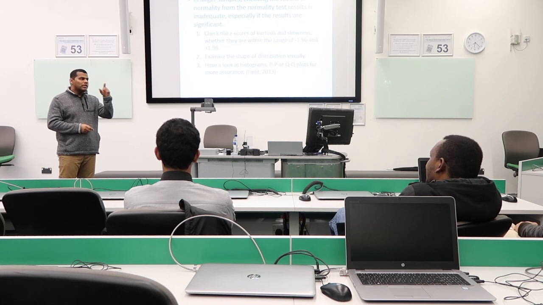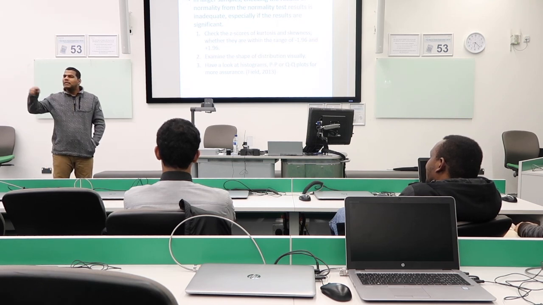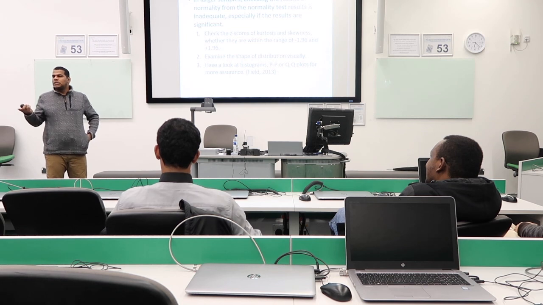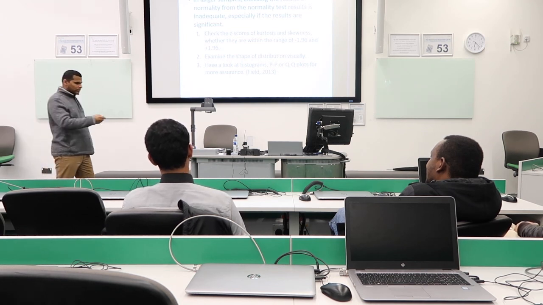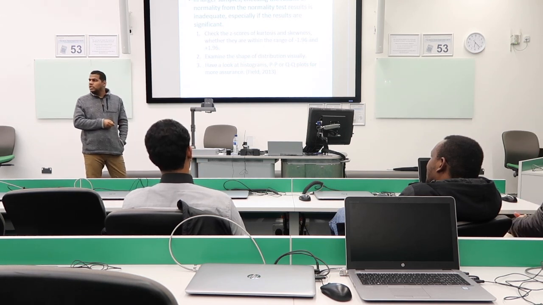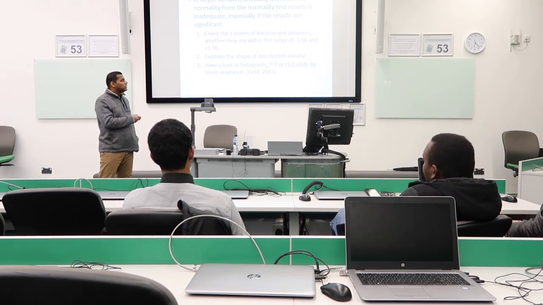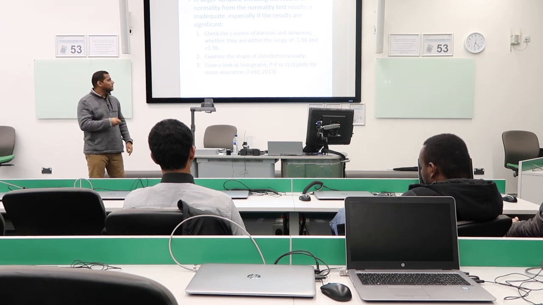Get it? Look at the shape or the graph visually. See whether it is normally distributed or not. Also look at the histogram for more assurance. Look at the histograms, PP or QQ plots. These are all produced when you run the normality test.